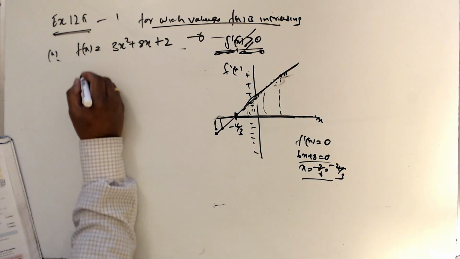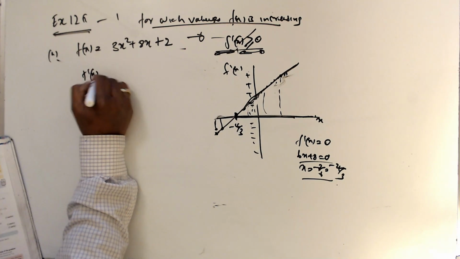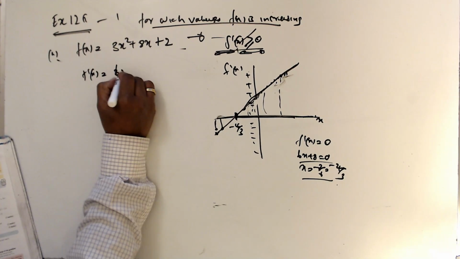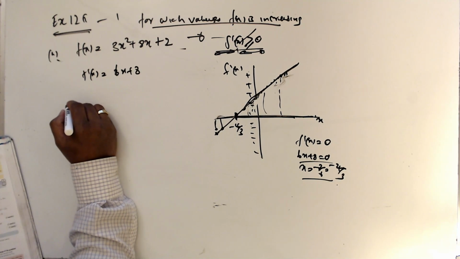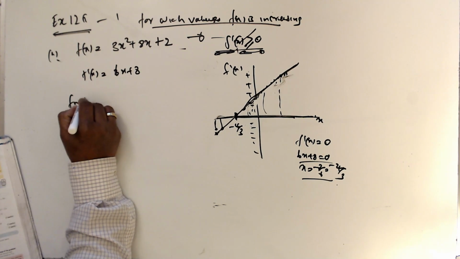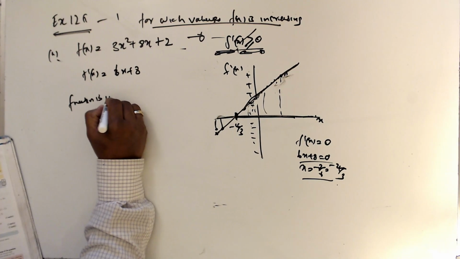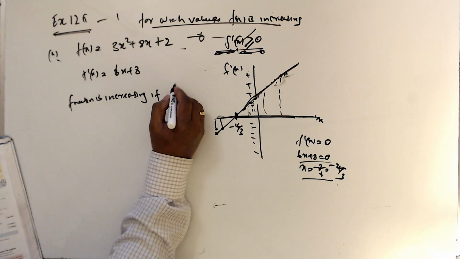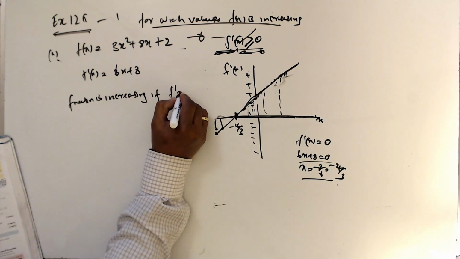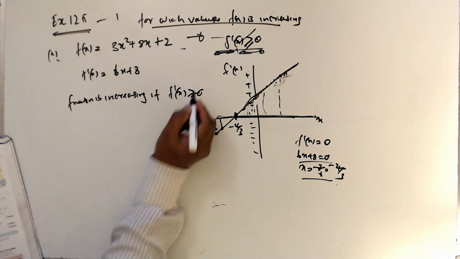You have f'(x) equals 6x plus 8. The function is increasing if f'(x) is greater than or equal to 0.